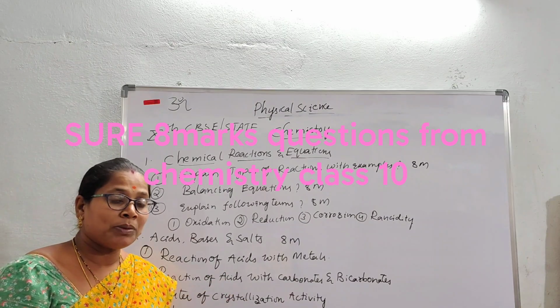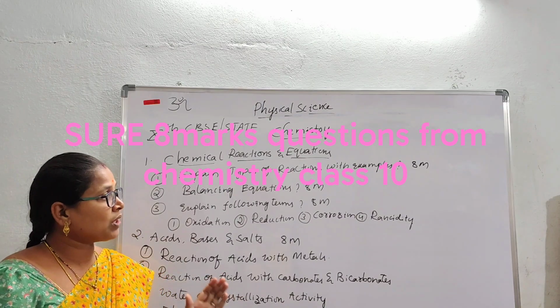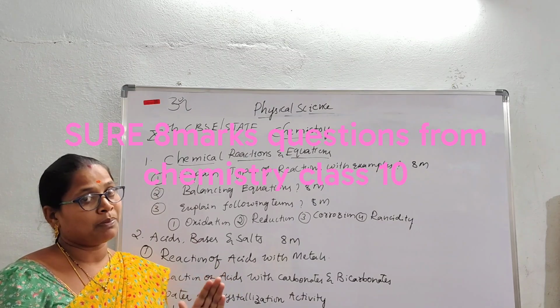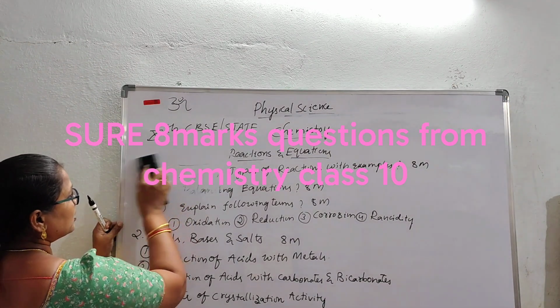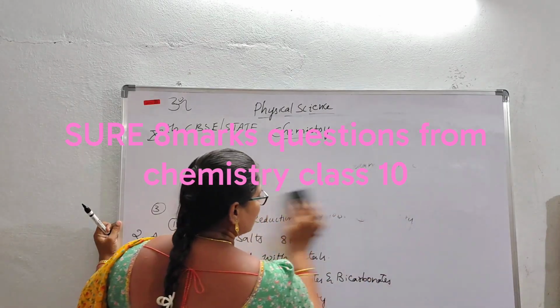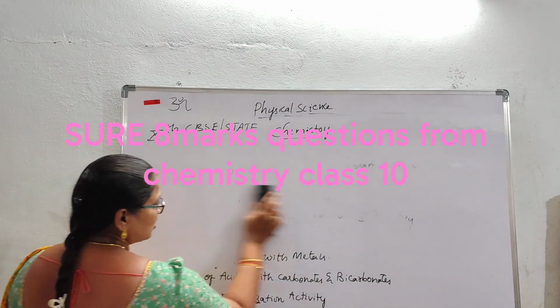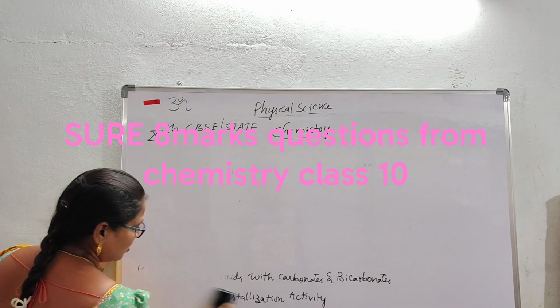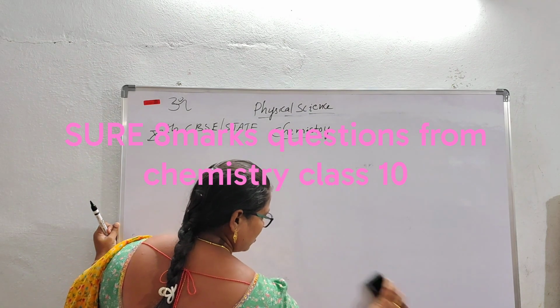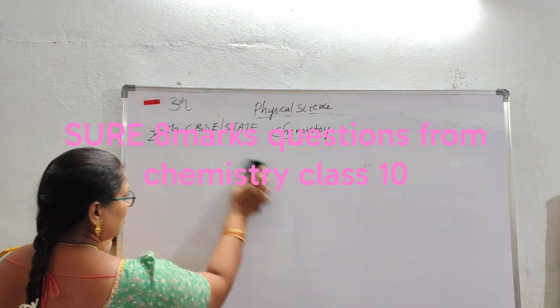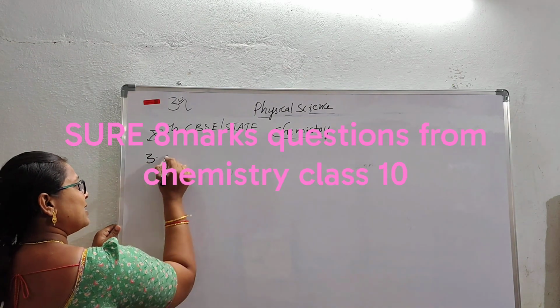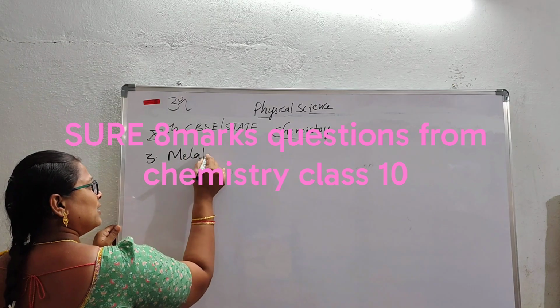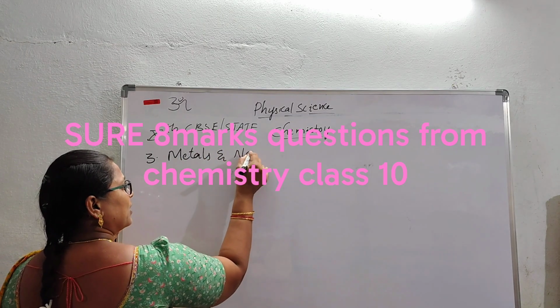Those are metals and non-metals, and carbon and its compounds. Let us see what the important questions are from them. Next, the third lesson, that is metals and non-metals.